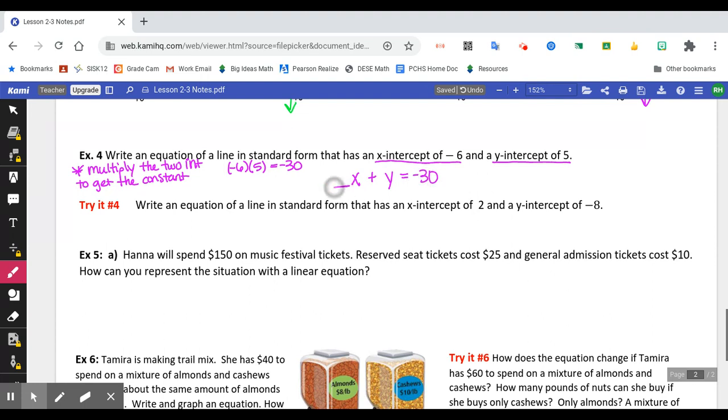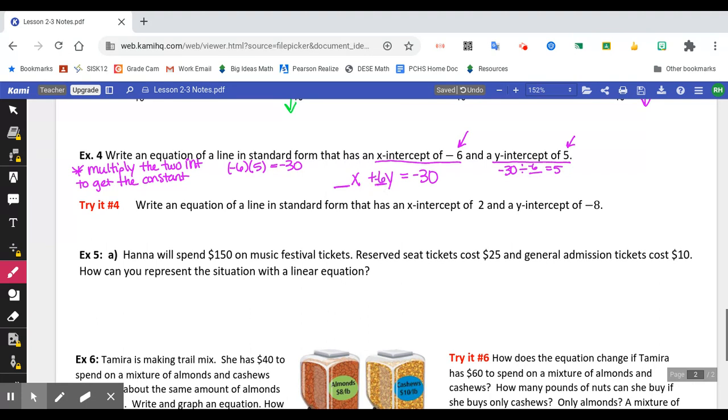And I'm looking for what a and b were when we divided and got these numbers. So in order to take -30 and divide it by something to get 5 as the answer, -30 divided by what equals 5? Well, that would be -6.